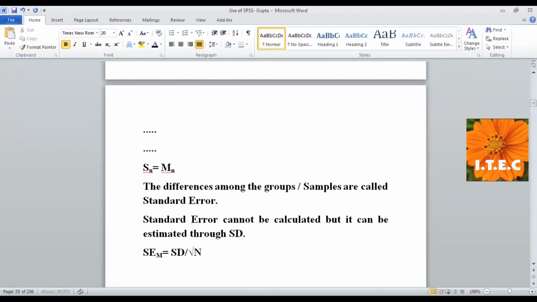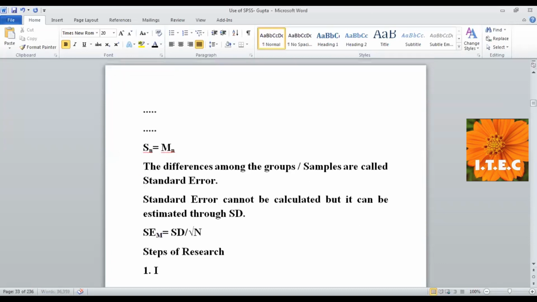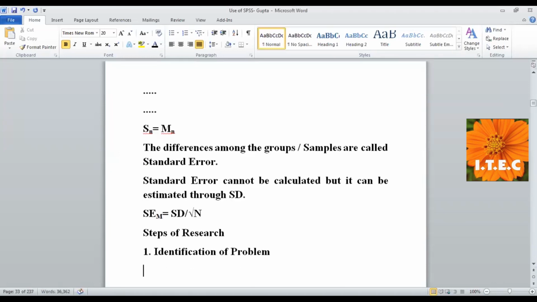Now, you know the steps. One is identification of problem. I have already explained that you know the variable.